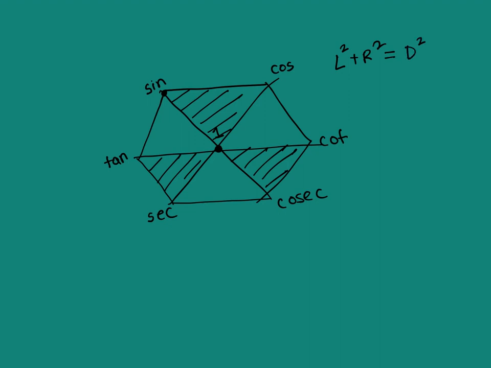For example, in this triangle that is shaded, the left side is sine and the right side is cos. So sine square plus cos square is equal to 1 square. Also, if you do the same thing with this shaded triangle, you will realize that tan square plus 1 square is equal to sec square. So always left square plus right square is equal to the bottom square, right?